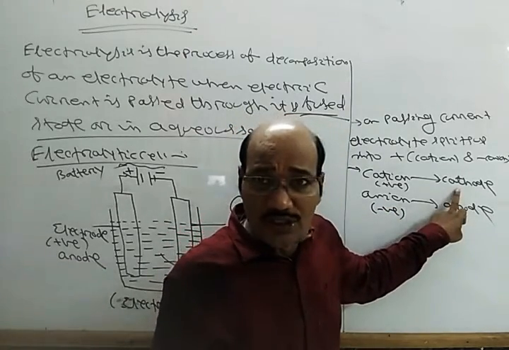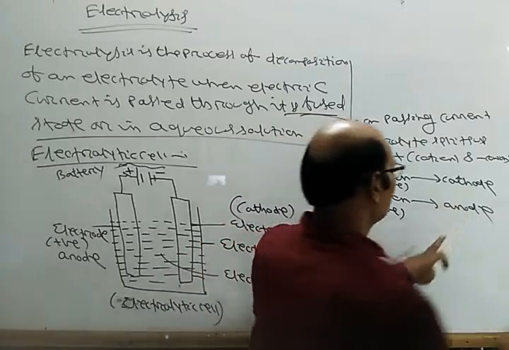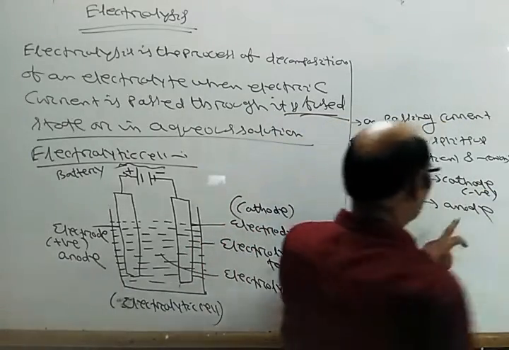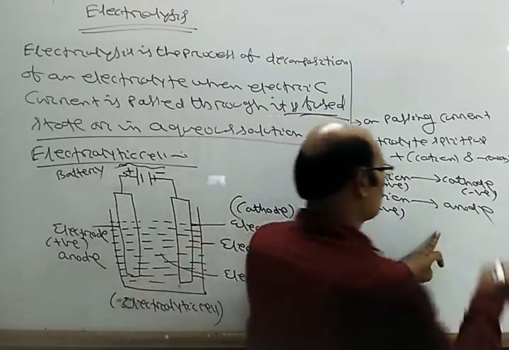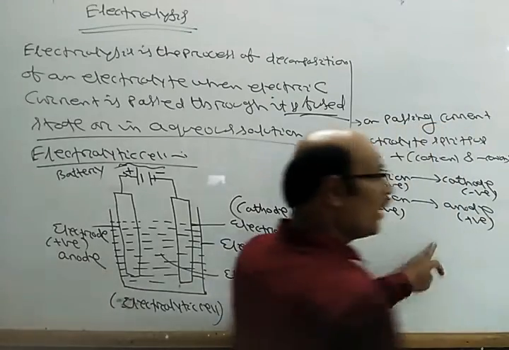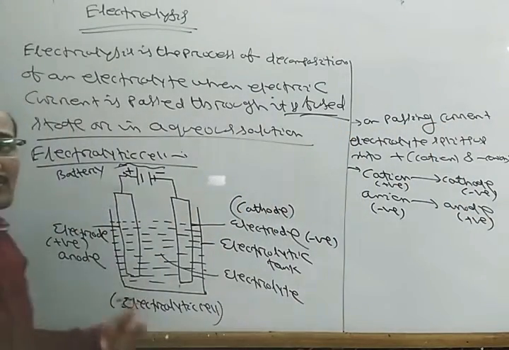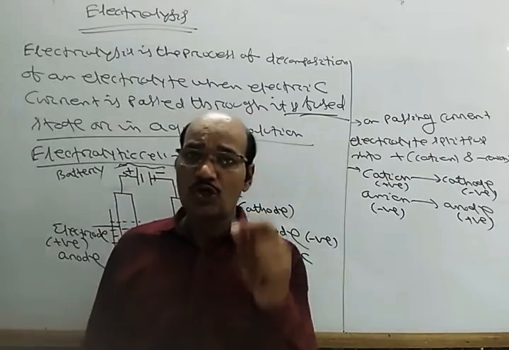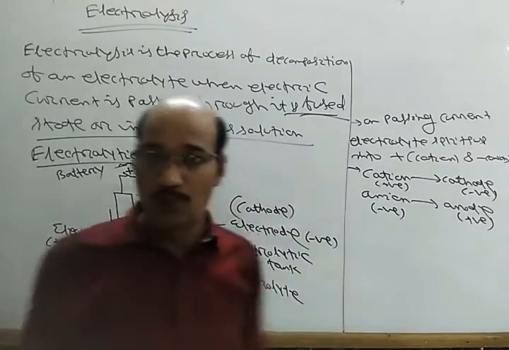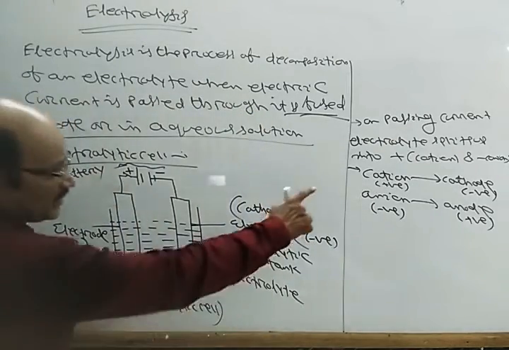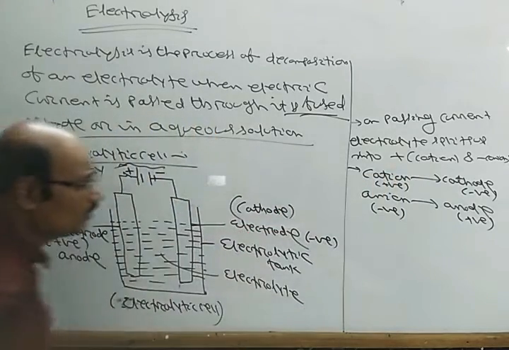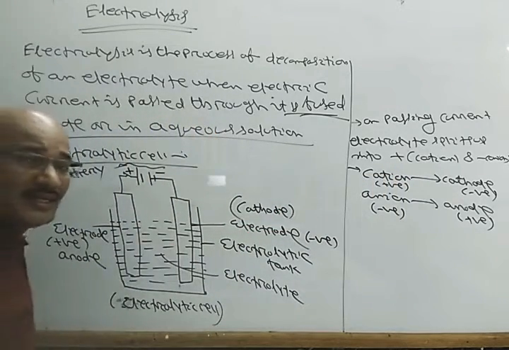The cathode electrode is called what? The negative electrode. And the anode electrode is called the positive electrode. So the ions migrate towards the oppositely charged electrode. Here the cation will go towards the cathode and the anion will go towards the anode.